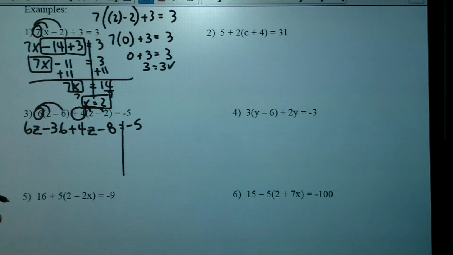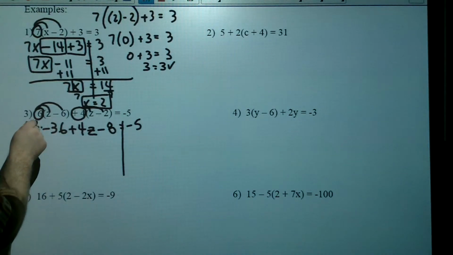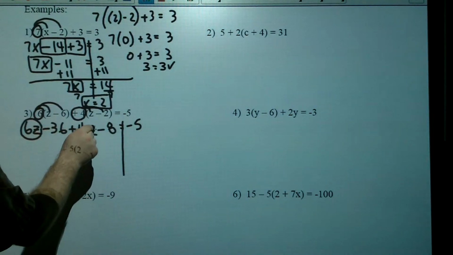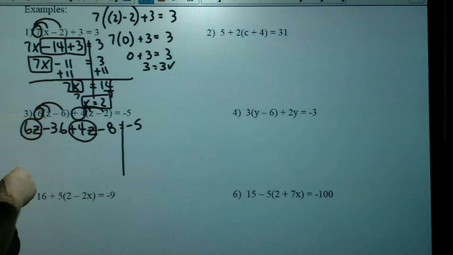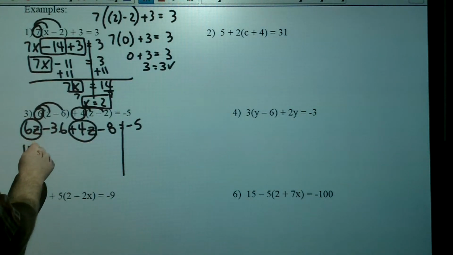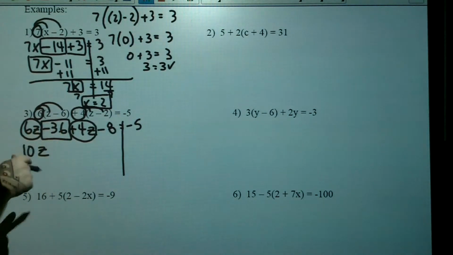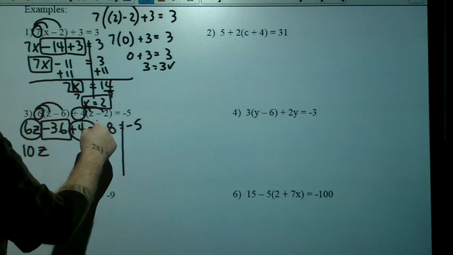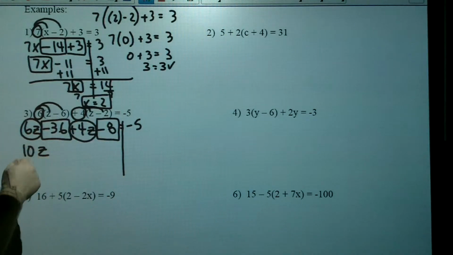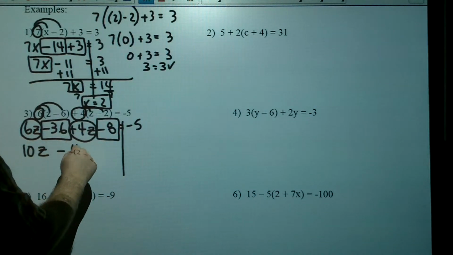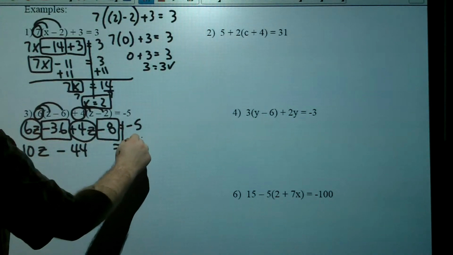Now I have a lot of things I can combine over here. I have a 6z and a positive 4z, so that's 10z. And then I have negative 36, notice a different shape to show me what I'm combining, and negative 8. So negative 36 and negative 8 is negative 44, equals negative 5.